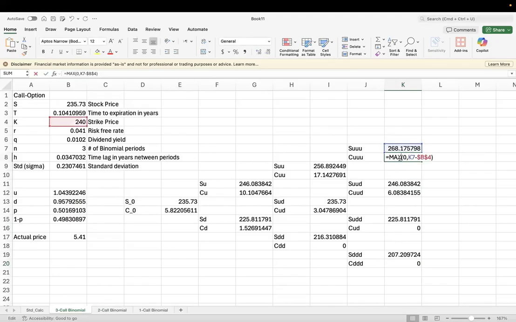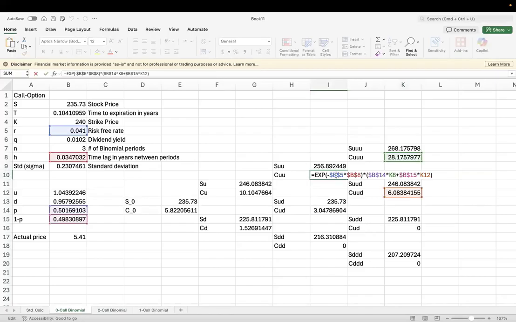Then we calculated the options. The options are maximum of this minus the strike price. I fixed the strike price so I can copy the formula here, and then here, and then here. Then I calculated this based on expected value of these. So this times probability of that plus this times probability of that.